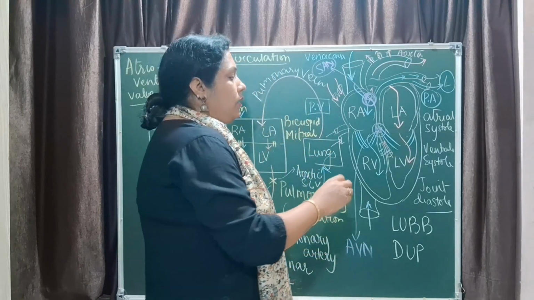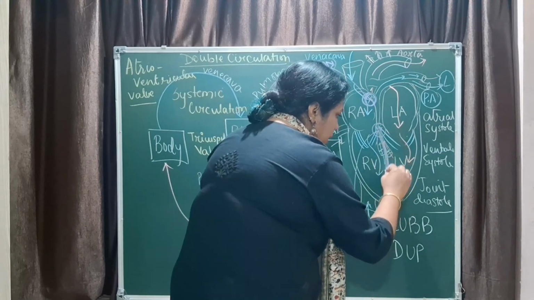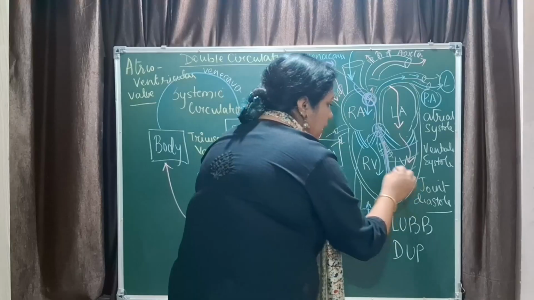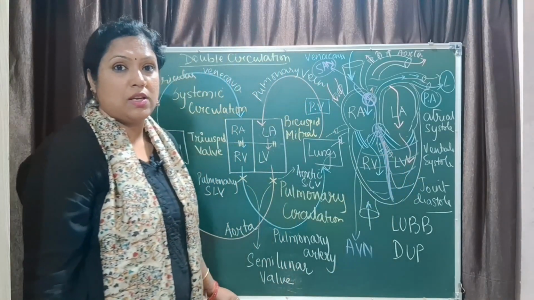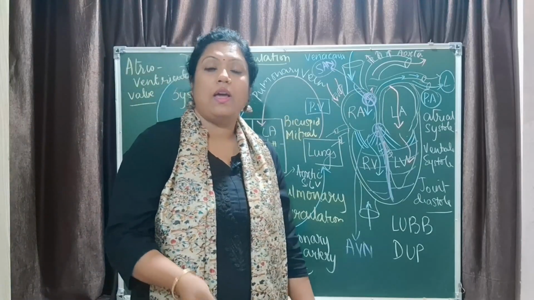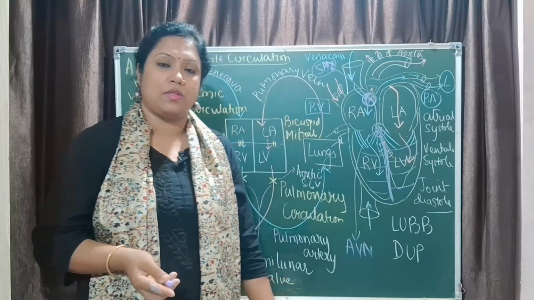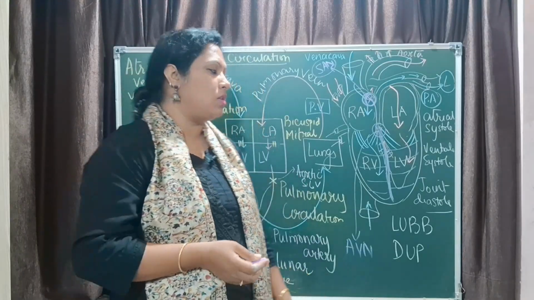Then it passes the impulse to the bundle of His, which again passes the impulse to the entire ventricles for the process of contraction, through the Purkinje fibers. So SAN node, then AVN, and then you have bundle of His and Purkinje fibers. Remember the order, arrange in logical sequence. Question can be asked on this topic.